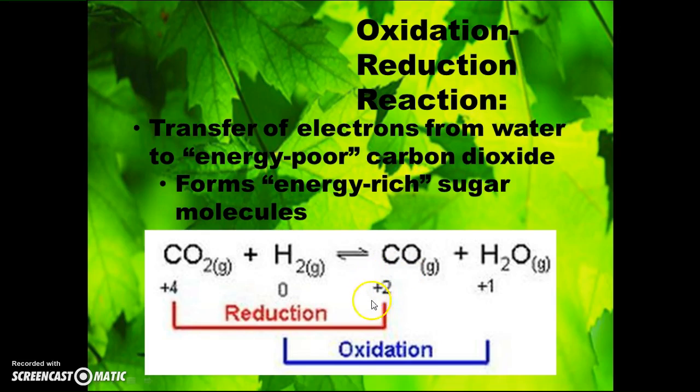See this positive number has gone down. And here when something is oxidized, it loses electrons. So here we have a number that is lower than this final number over here because it has lost an electron. So it has gained a more positive charge there.